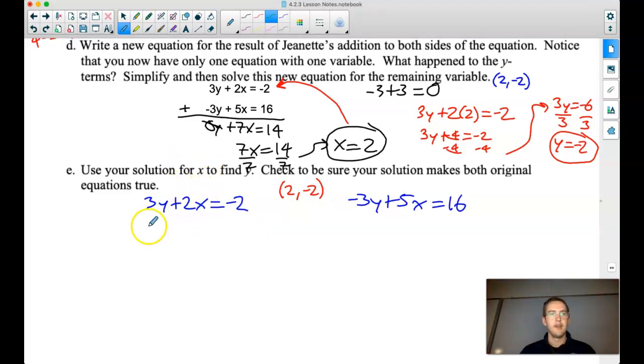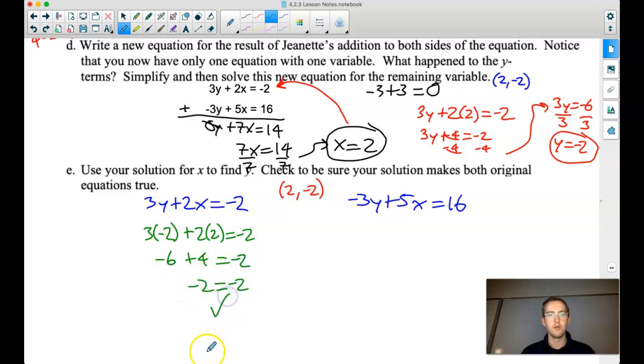So let's do that. We've got 3 times -2, because -2 is y, plus 2 times 2 is equal to -2. So now when we evaluate this, we get -6 plus 4 equals -2. So -6 plus 4 is -2, equals -2. So far, so good.